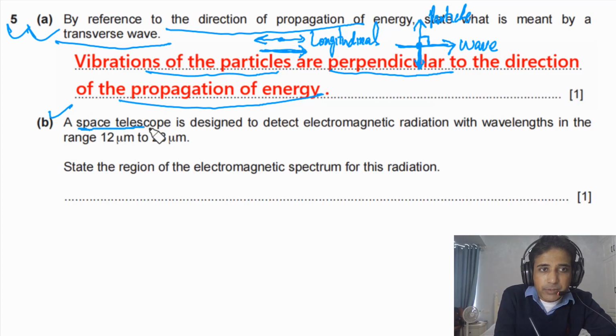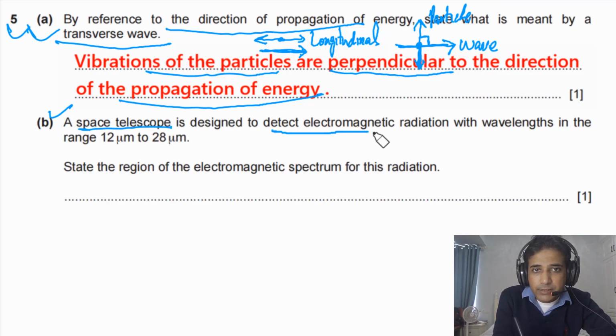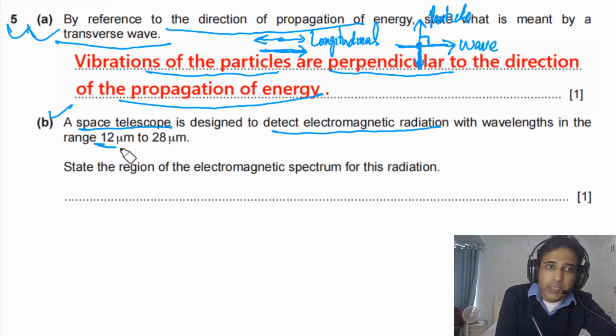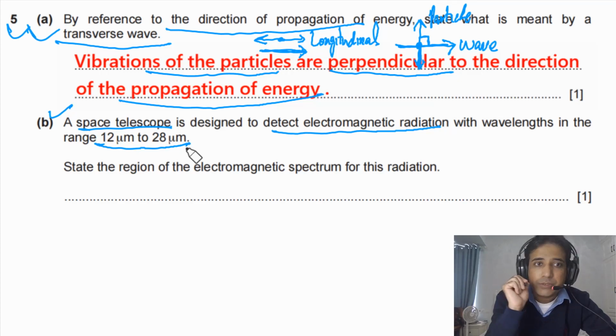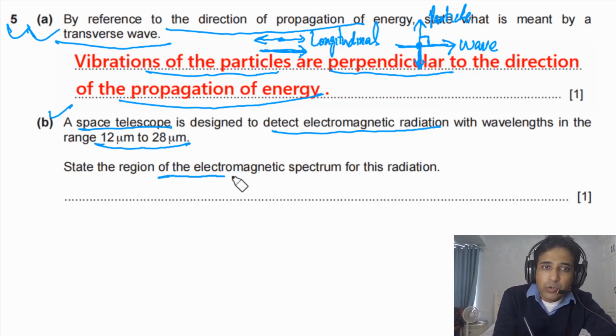Part B says a space telescope is designed to detect electromagnetic radiation with wavelengths in the range 12 micrometers to 28 micrometers. State the region of the electromagnetic spectrum. So simply you need to understand this range. For infrared, for example, this is a very important range.